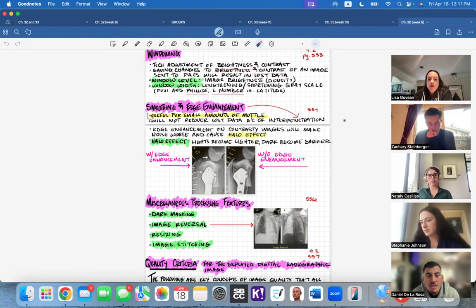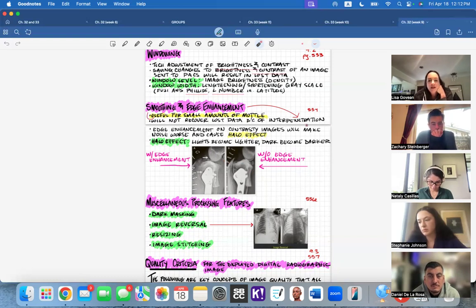But basically, in my understanding, they're opposites. Edge enhancement enhances the edges and makes things a little more defined, whereas smoothing can smooth things out, if that makes any sense. That was my biggest thing.